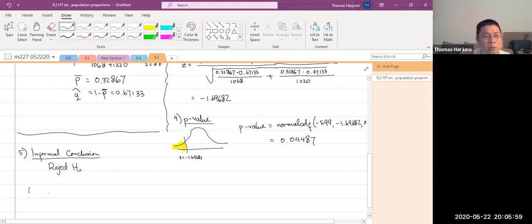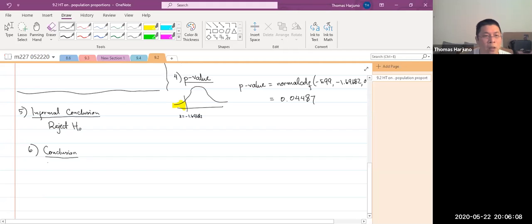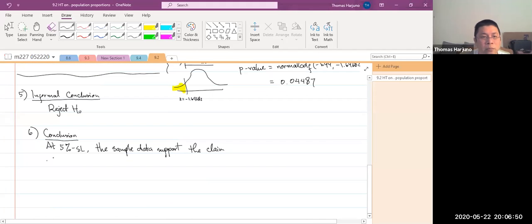And then the conclusion: at 5% significance level, the sample data support the claim that more females experience osteoporosis.